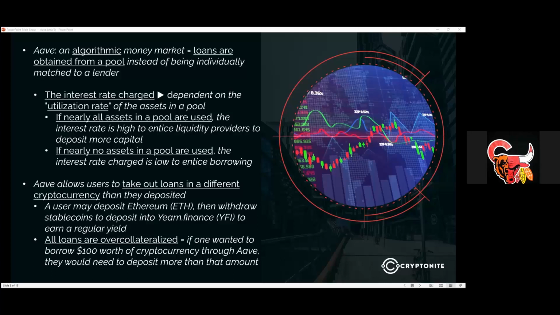Now, all loans are overcollateralized, which means that if you borrow $100 of Aave, then you need to deposit more than that amount. So imagine in the real world, you need to borrow $1,000 and you have a car that is, let's say, worth $2,000.